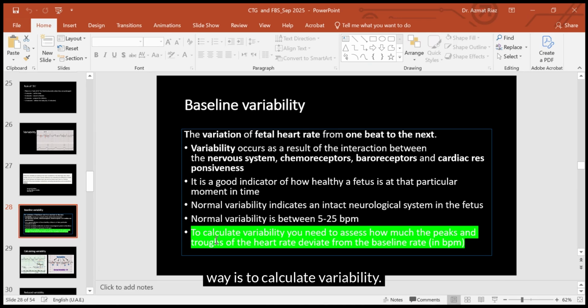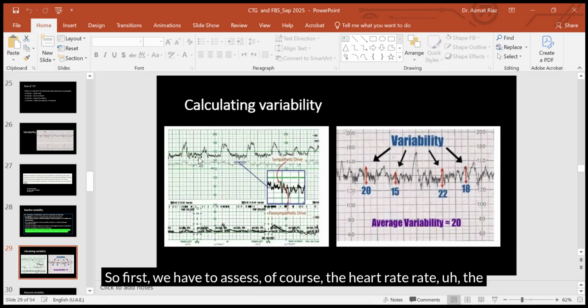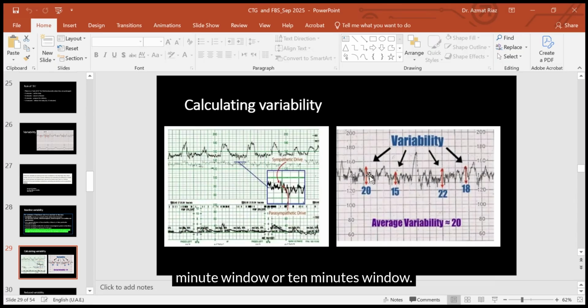So the other way to calculate variability: first we have to assess, of course, the baseline heart rate. And then, in a 10 minute window, now we are not looking at a 1 minute window, just select three random points which are not a big jump or acceleration, and not a big deceleration.